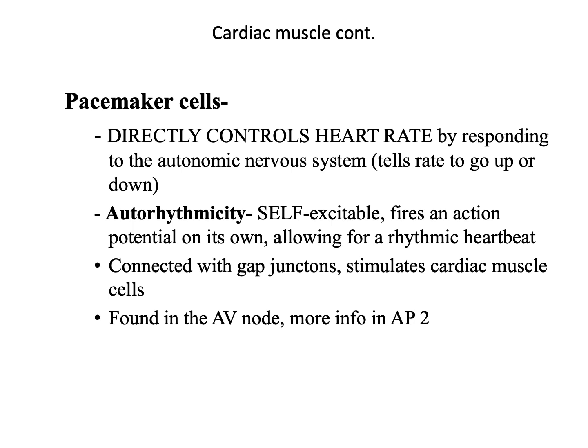They create electricity and they make the heart beat. You can change the rate of the heart beat by your autonomic nervous system, so you can make it faster, you can make it slower, but what's actually creating the zap, what's actually creating the action potential are these special little pacemaker cells.